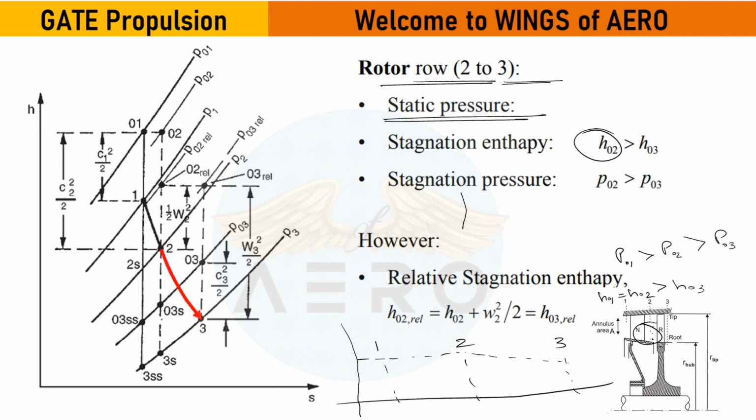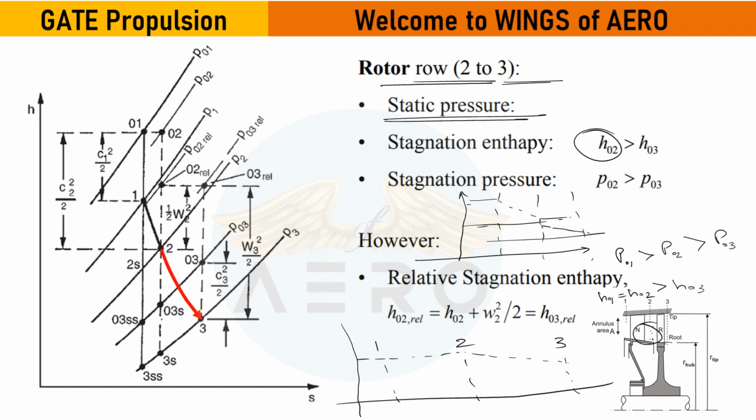So here if I have to draw stagnation pressure versus each and every stage, drastically it is going to be like this, right?